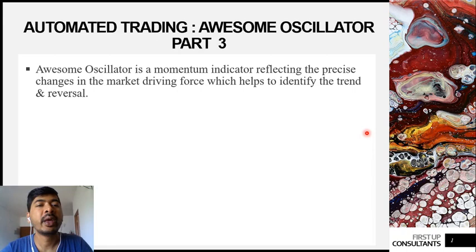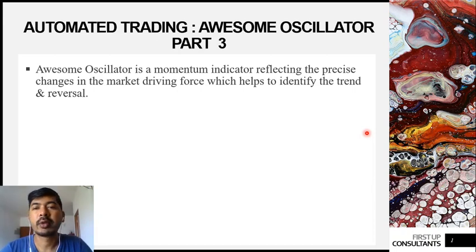Myself Vaibhav. In today's session of automated trading, we will be continuing with the work which we have done so far using the awesome oscillator. This is a technical indicator which tries to measure the underlying momentum, the driving force behind the price action which we are seeing in any instrument of our choice, and it will help us determine the trend and the subsequent reversal if any.